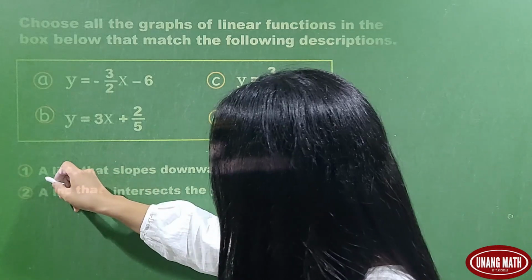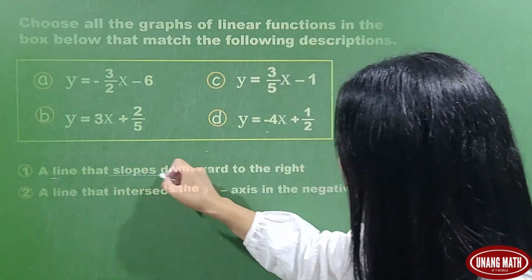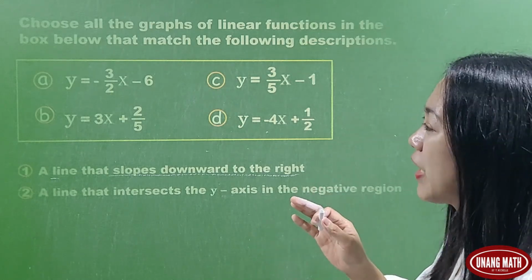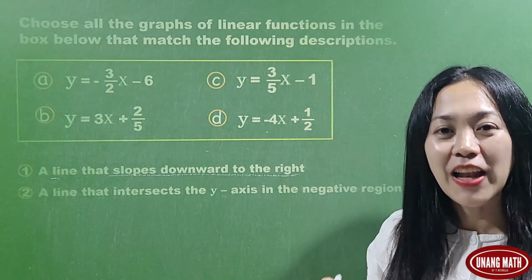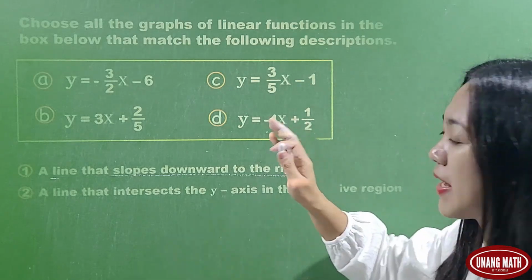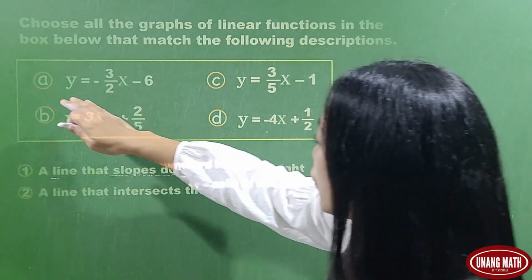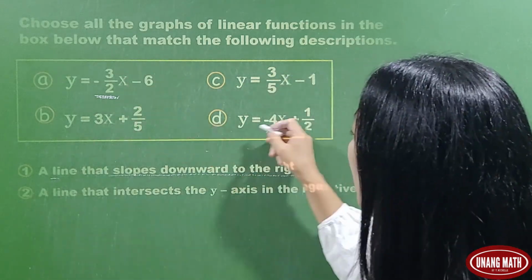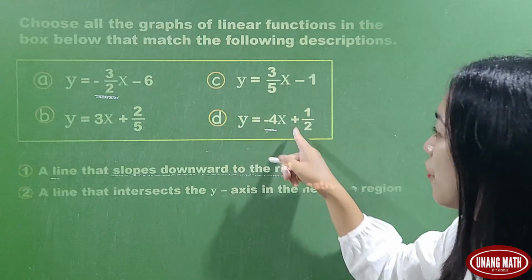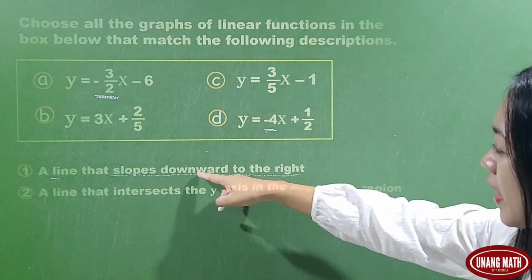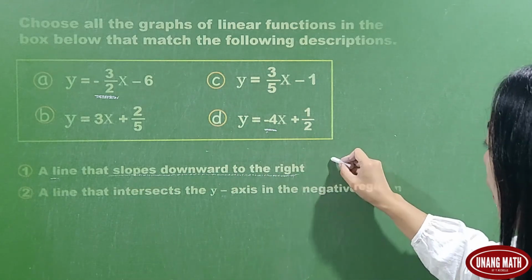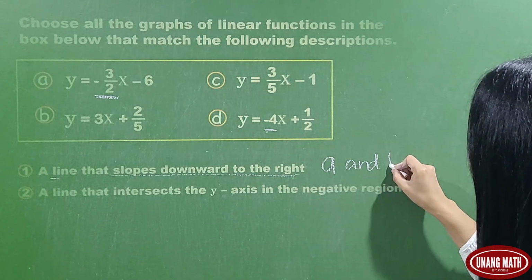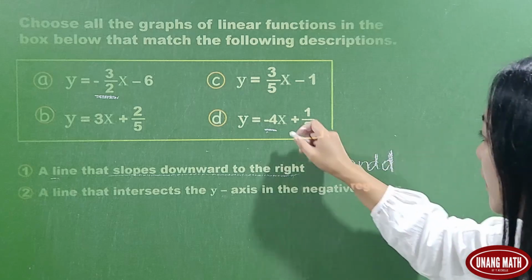To know whether the line or the graph slopes downward to the right, we have to check the value of a. It must be a negative value. So in these options, we have here negative 3 over 2 and negative 4. So for a line that slopes downward to the right, we have line A and line D.